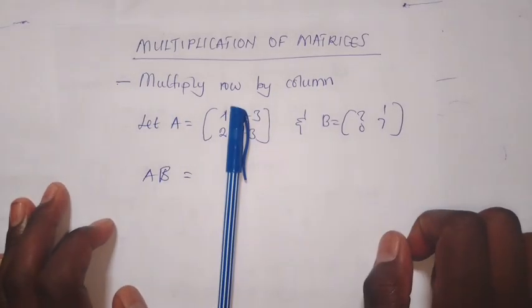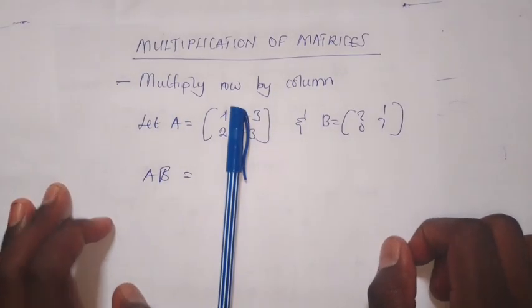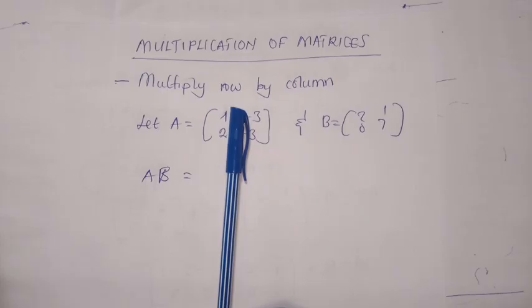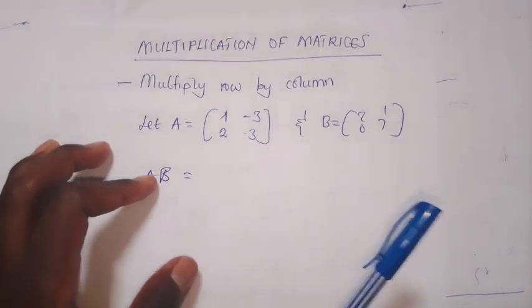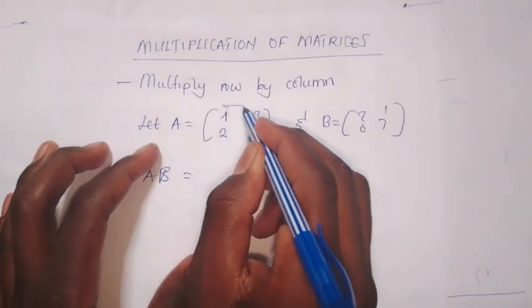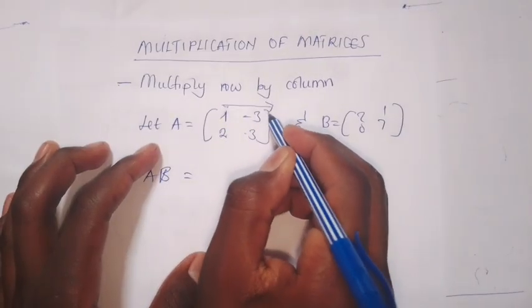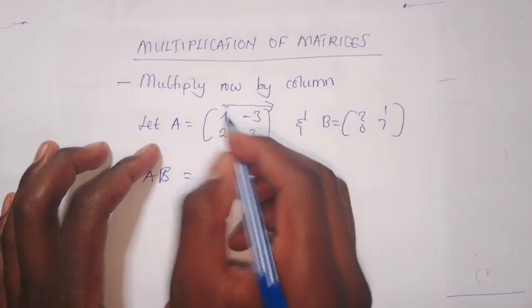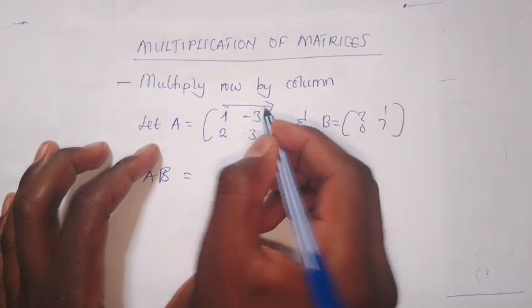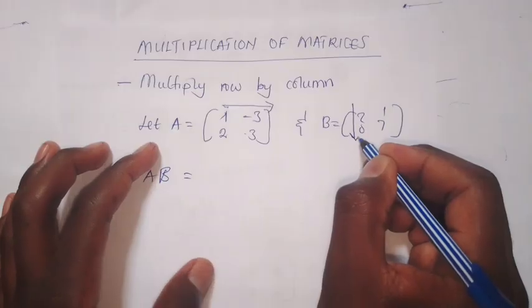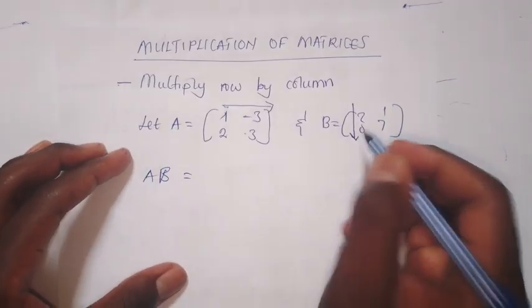You need to pay much attention. So row by column: when you start with this row, you're going to multiply by this column. Let's do that first.